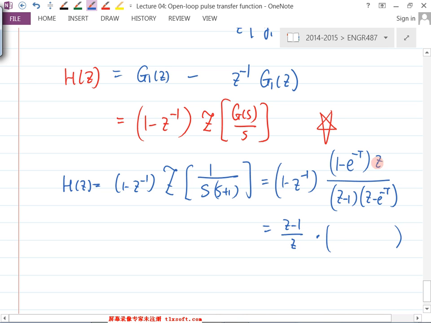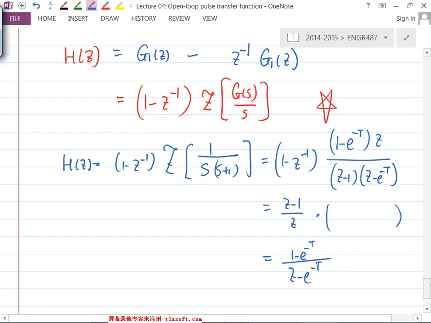So guys, look at that, you can cancel this z, you can cancel this z minus 1, so you actually end up with this. So that's the final result if you plug in your G of s as 1 over s plus 1.